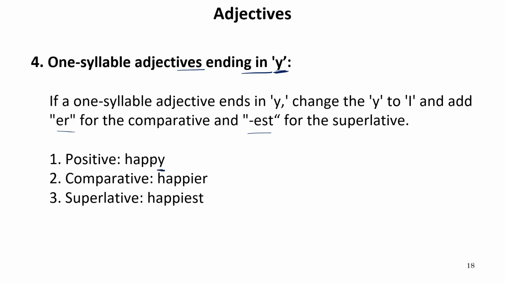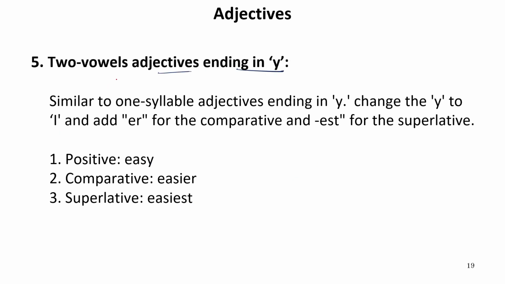I remove this Y, and in its place I add IER or IEST. So it will be happier or happiest. Y will be replaced with I, and we add ER or EST as we did earlier. Now let us move further.